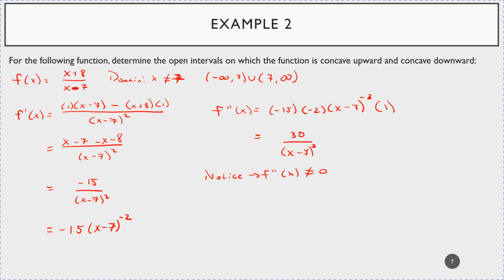If there's no 0 here, well, then what you do is you're just going to use the domain. So use the domain up here as your intervals. And that's okay. So it's actually pretty easy.